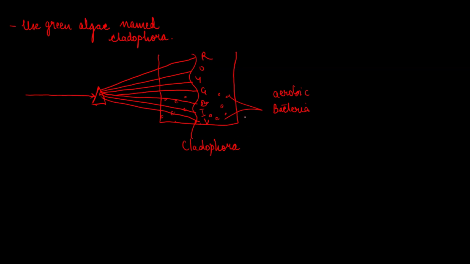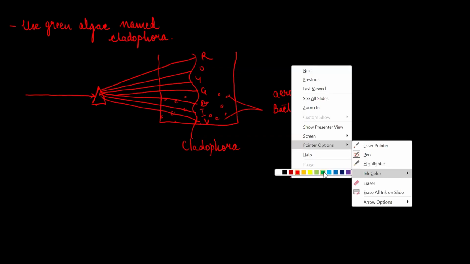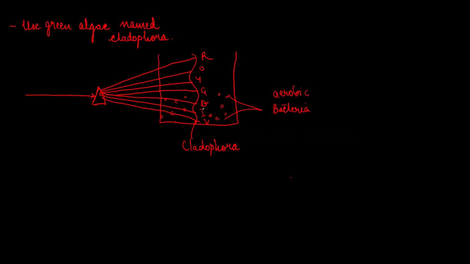When he observed it for some time, he found that the aerobic bacteria accumulated in two regions specifically over the Cladophora: one in the blue region and the second in the red region.